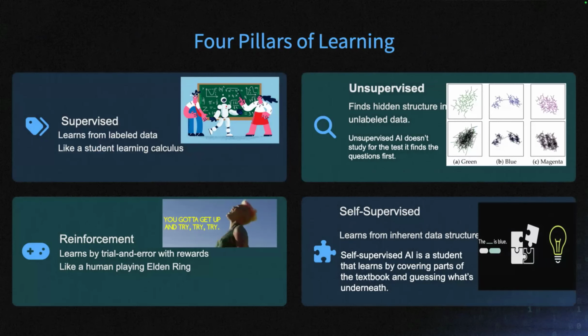The four pillars of a mathematical model learning are supervised learning, where it learns from labeled data, which is mostly what we're going to see today for computer vision, bounding boxes on an object. We have reinforcement learning, where you try something again and again, like when you play Elden Ring and you lose to a boss 20 times and then you get better. That's basically what reinforcement learning is.